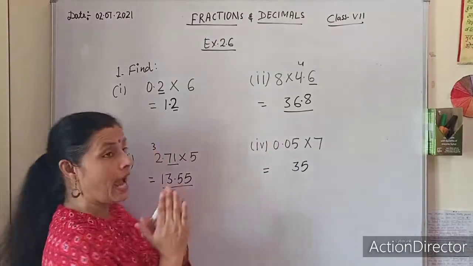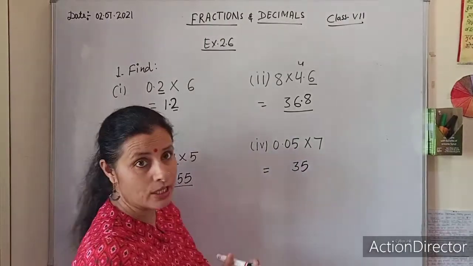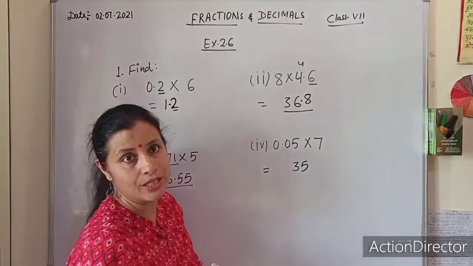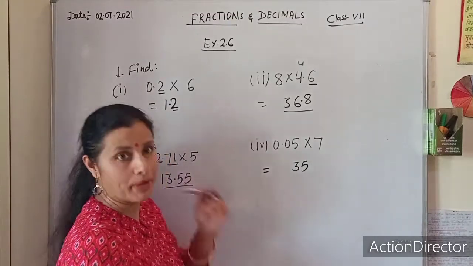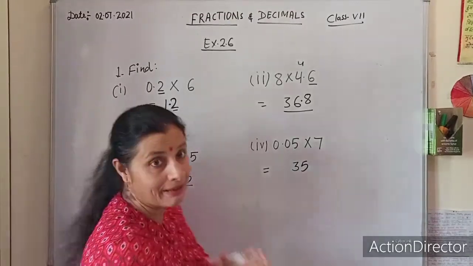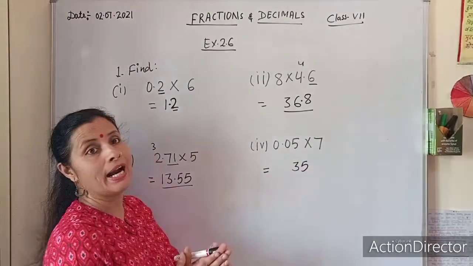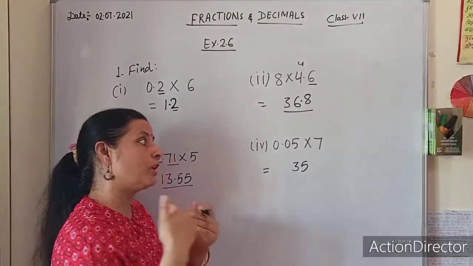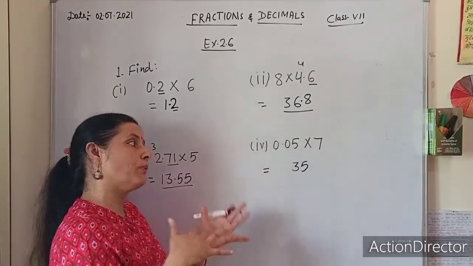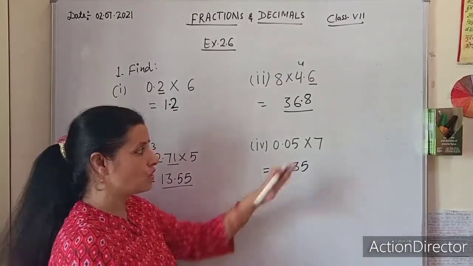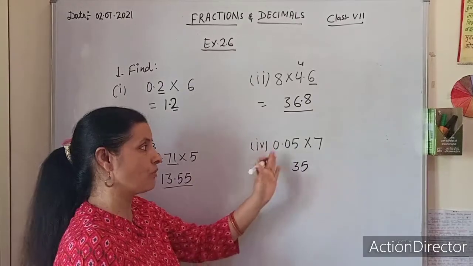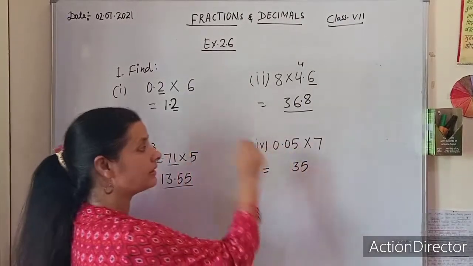If we multiply any number or digit with 0, the result is always 0. We learned this in properties, when we learn the properties related to integers or fractions. So 7 5s are 35.